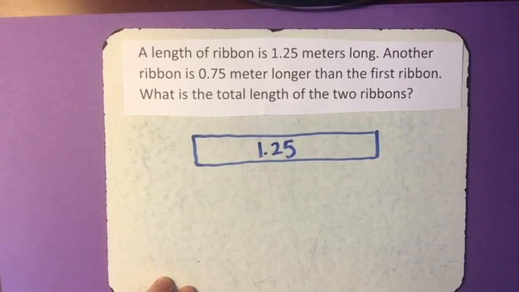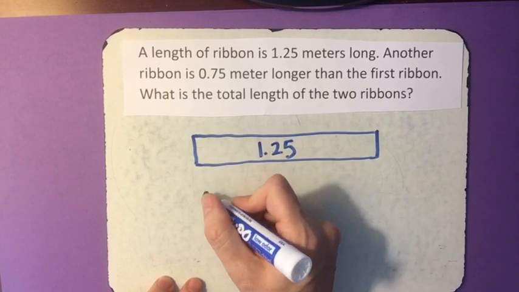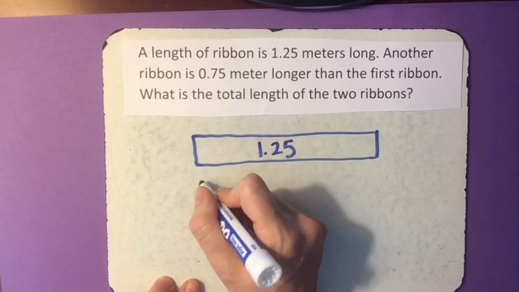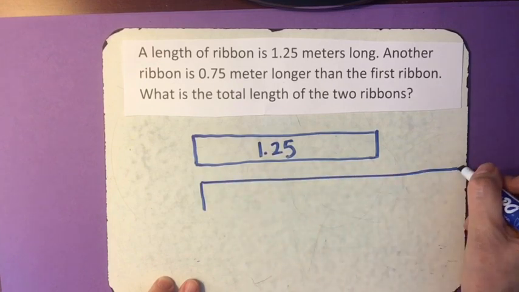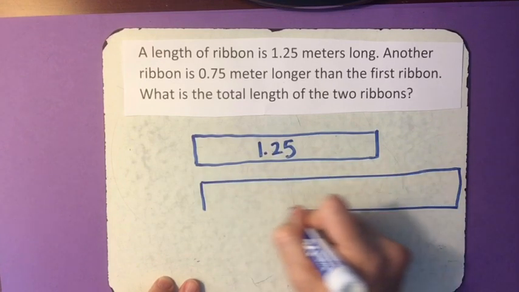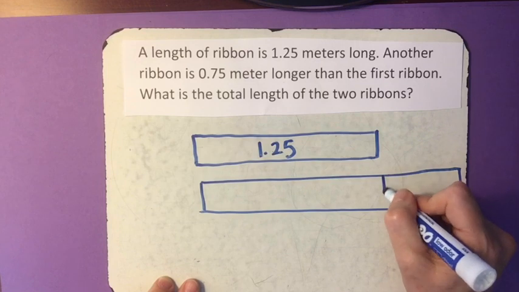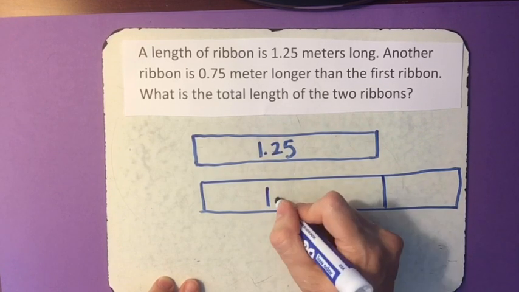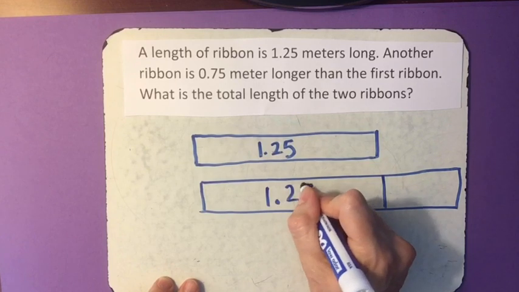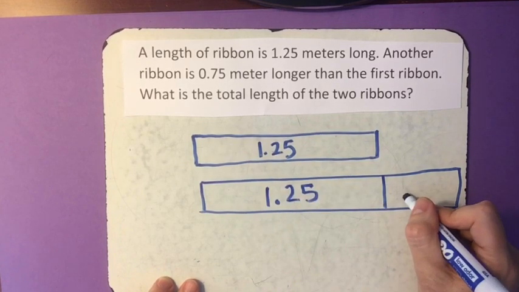Another ribbon is 75/100 meters longer than the first ribbon. So I'm going to make that longer, and this equals the same amount, and then we add 75/100 more, right?